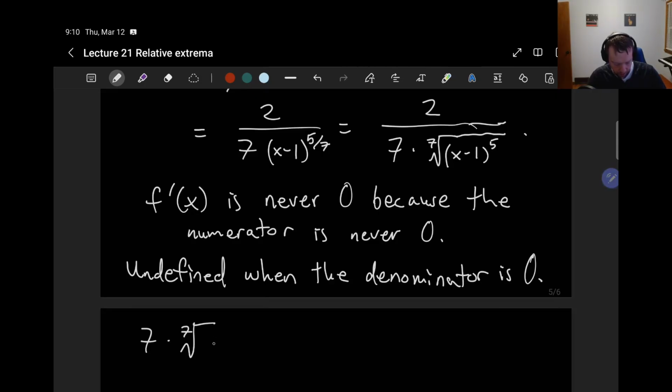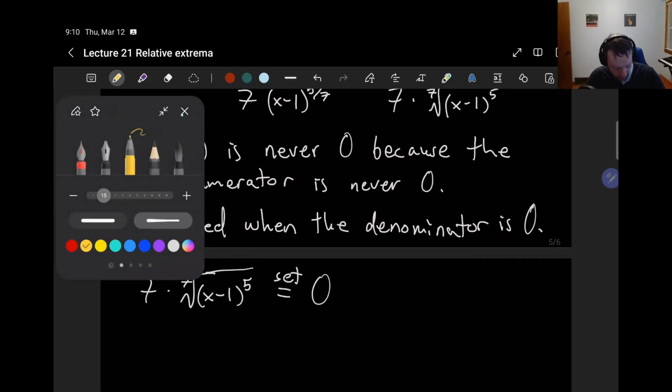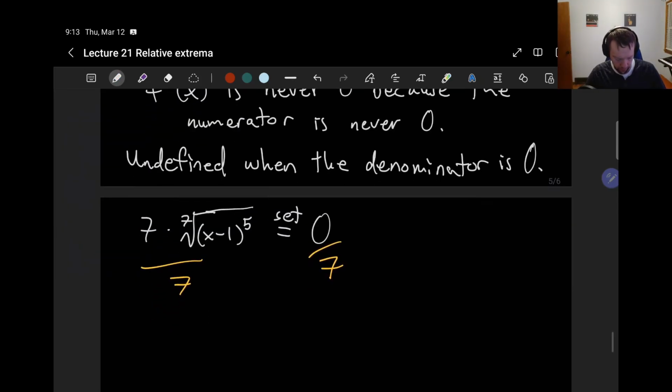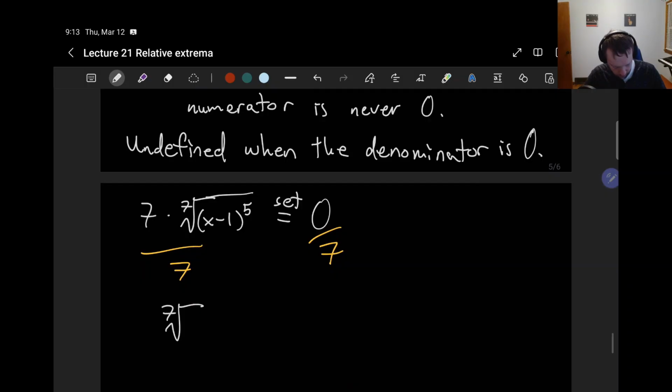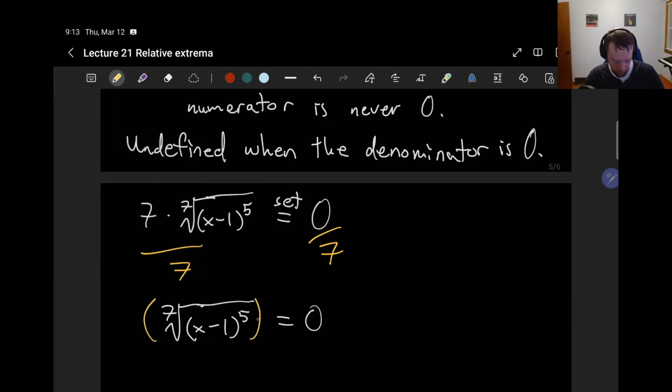So I'm going to take that denominator and set it equal to 0, and try to solve for x. That will make the derivative undefined. First off, I can divide both sides by 7, which doesn't affect the 0. So then the seventh root of (x minus 1) to the fifth is still 0. But then I can take both sides to the 7th power.